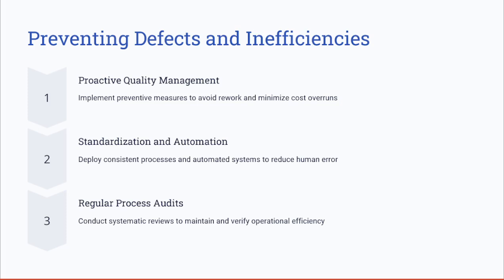As I mentioned, standardization, automation, and best practices are used to reduce these errors. A regular process audit ensures ongoing efficiency. For example, take an aircraft maintenance example, which is strict to a pre-flight checklist to help prevent mechanical failures, ensuring passenger safety and regulatory compliance.